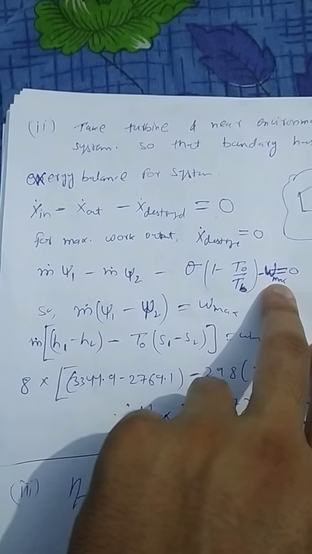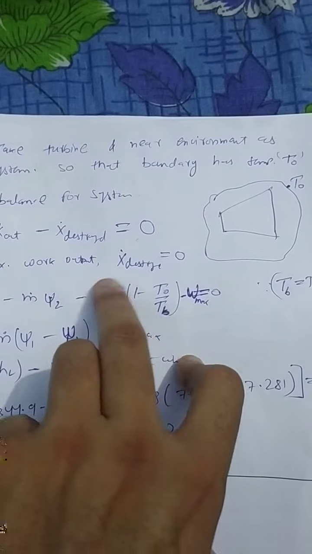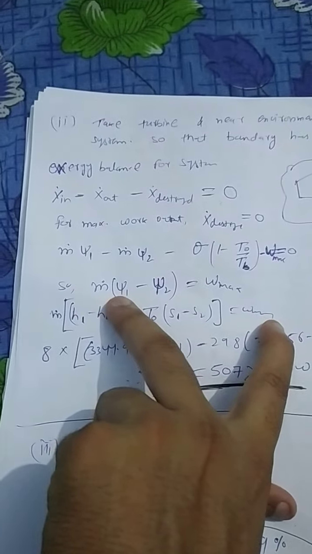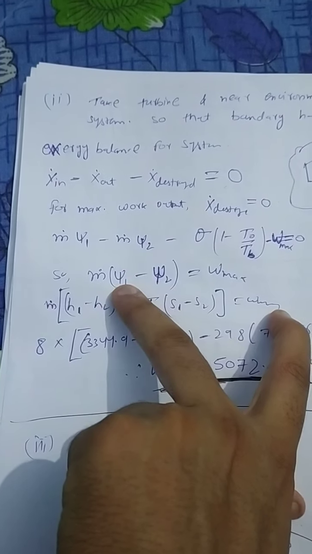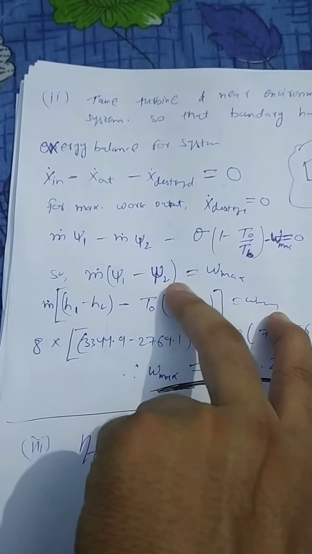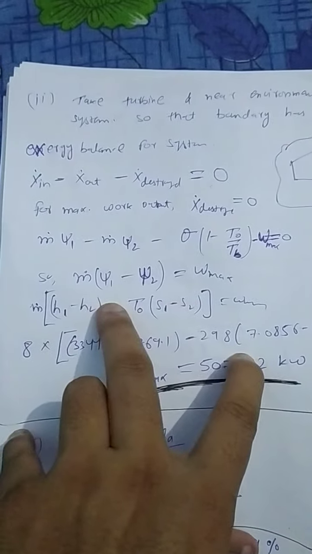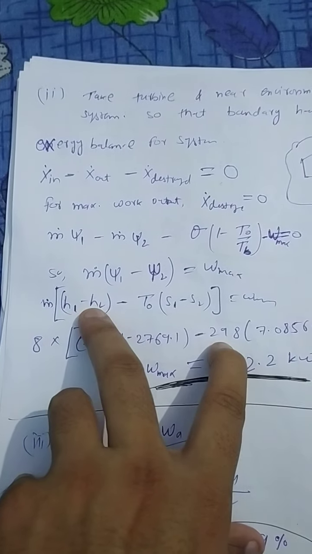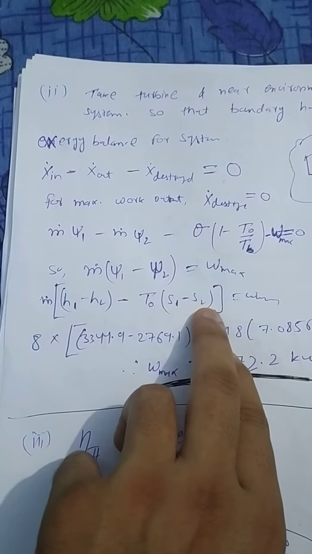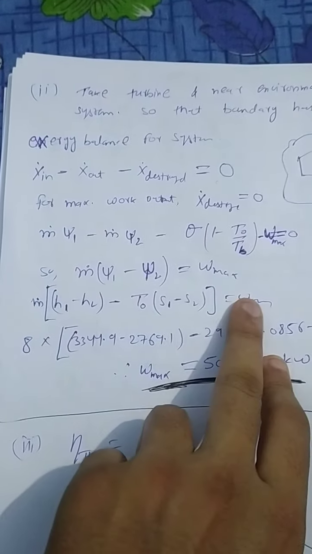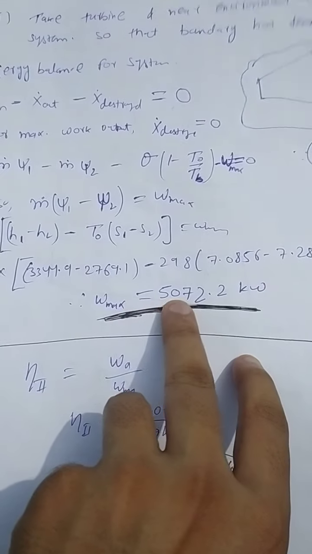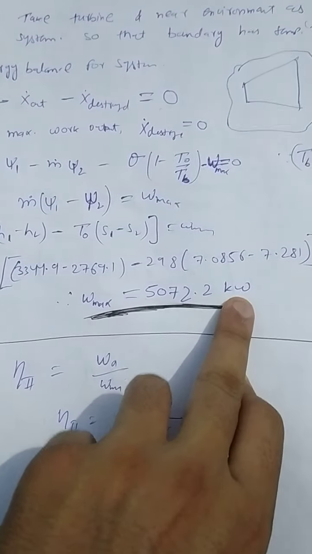Here the boundary temperature is T0, so this whole term would be 0. The equation becomes m dot times psi 1 minus psi 2 equals W max. The exergy difference is written as h1 minus h2 minus T0 times s1 minus s2, times m. Putting all the values here, we get the maximum work output to be 5072.2 kilowatt.